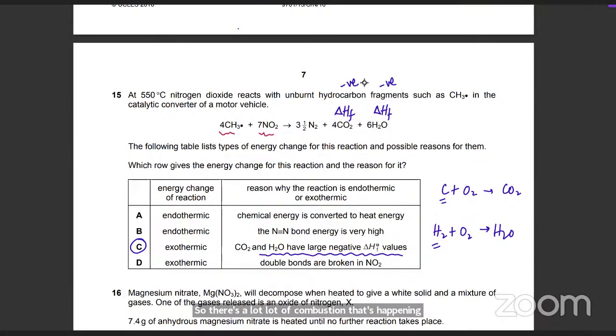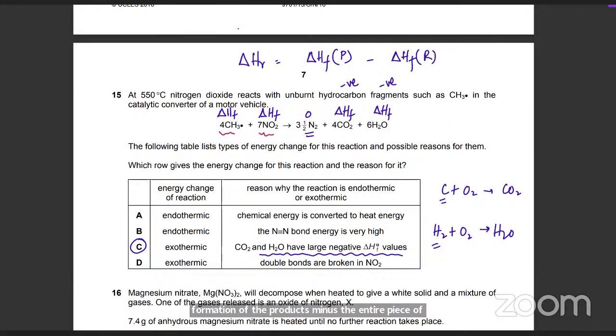And enthalpies of formation of N2 would be 0, elements formation that's 0, and there's enthalpy of formation of NO2 and of CH3 as well. Now the reaction enthalpy change is basically the enthalpy of formation of the products minus the enthalpies of formation of the reactants.